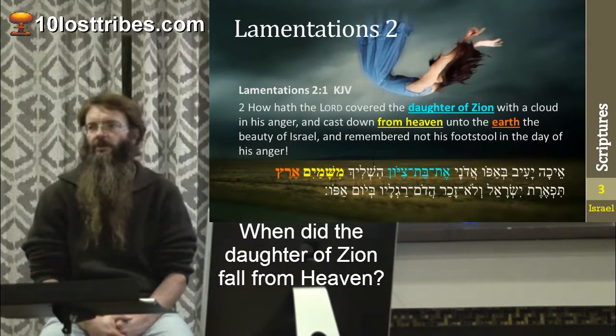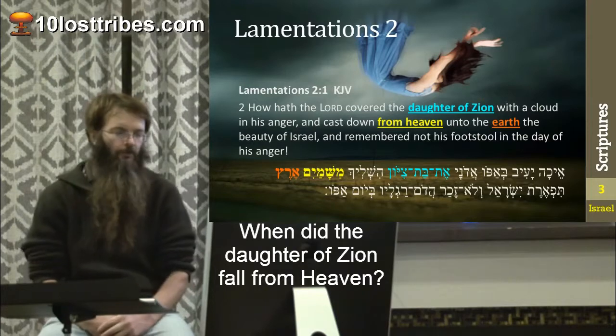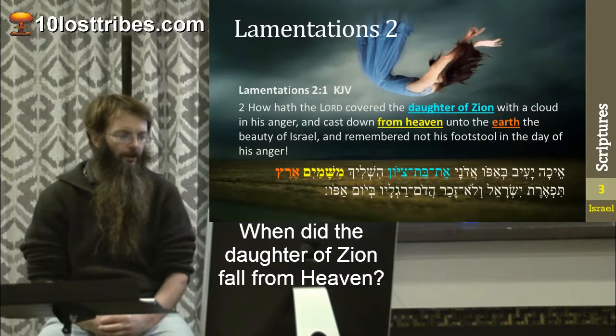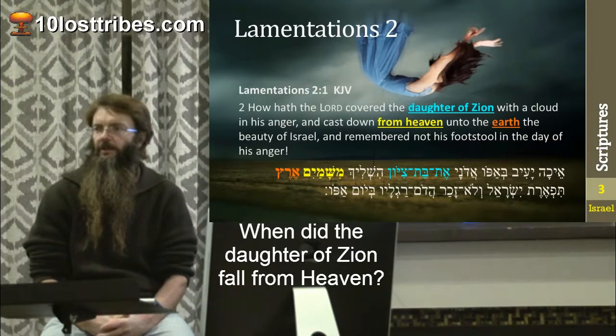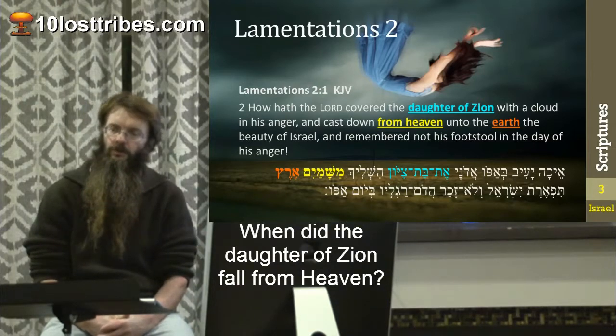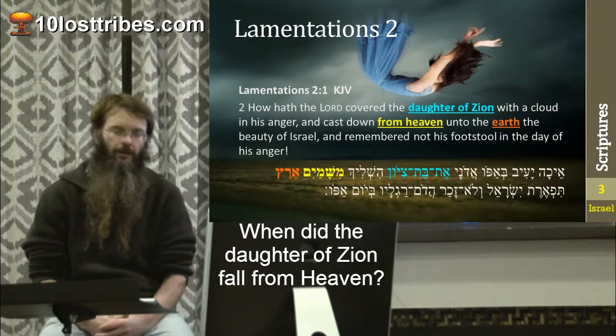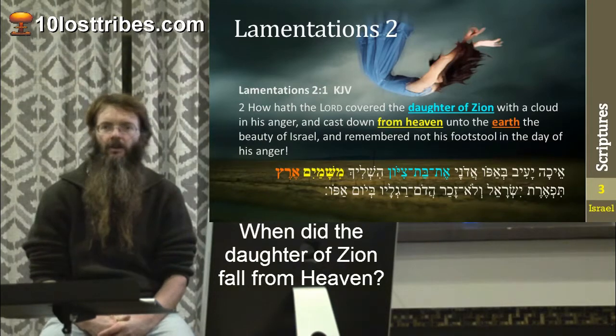I don't read the scriptures that way. The more I read the scriptures, the more I kind of zero in on details. For me, I find that extremely odd that he says, "fallen from heaven to earth." And I think that God is trying to tell us a little bit more about Zion.